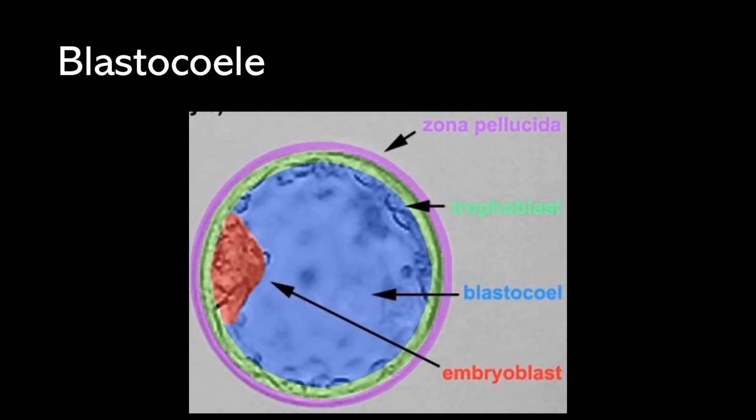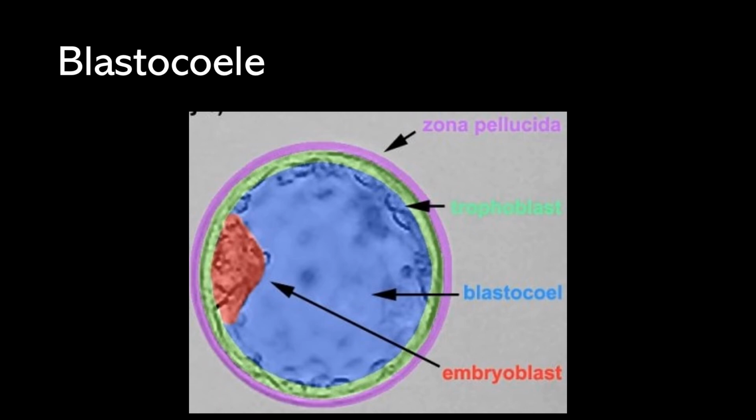Between the inner and outer cell mass, uterine fluid can enter through the zona pellucida during the cleavage division. So between the intercellular spaces, a fluid-like appearance is seen between the inner and outer cell mass.